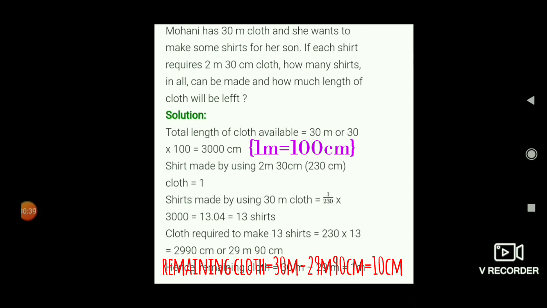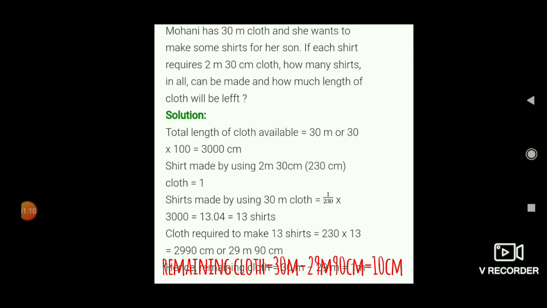Now, the length of cloth required for making one shirt is equals to 2 meter 30 centimeter, which is equals to 230 centimeter. So, the shirts made by using 30 meter cloth is equals to 3000 divided by 230, which is equals to 13.04. So 13 shirts can be made out of 30 meter cloth and some cloth will be left.